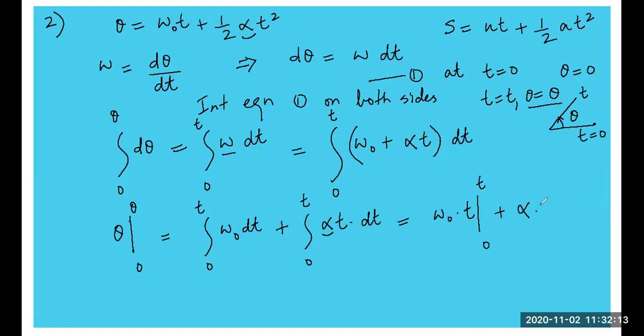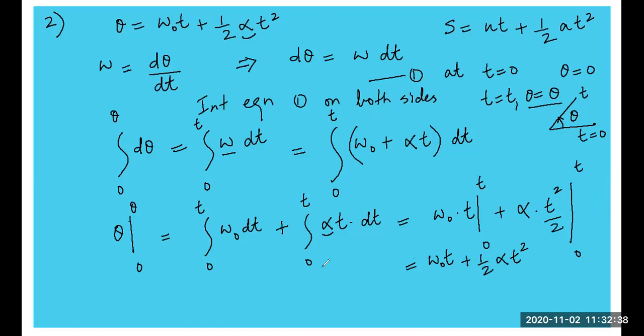So it will be t raised to 1 plus 1, t square by 2. Limits are 0 to t. So this will be, students, omega naught t, and this will be half alpha t square. So students, I have derived the second equation also.